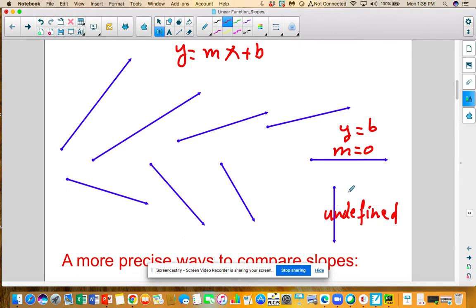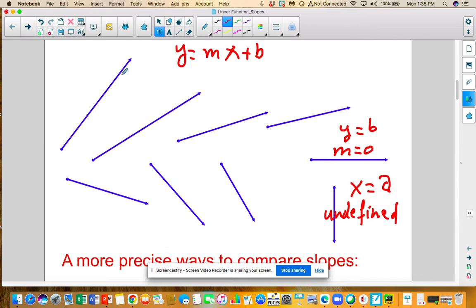The equation of a vertical line would be of this form: x equals a number. That number a represents the x-intercept, meaning where that line is crossing the x-axis. Okay, b is the y-intercept, by the way. Now we are going to talk about this later, right?